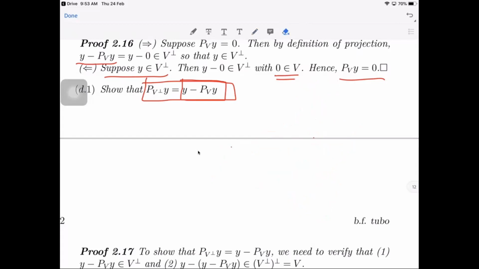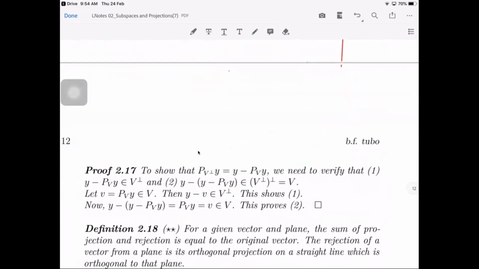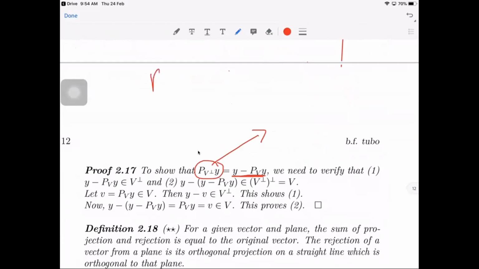Okay, how do you show that? It is a projection, so by definition of projection, if this is a projection, then the projection of y onto V perp is y minus the projection of y onto V. We have to verify that y minus the projection of y onto V is in V perp.